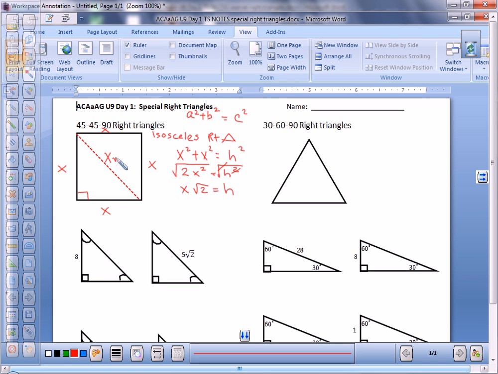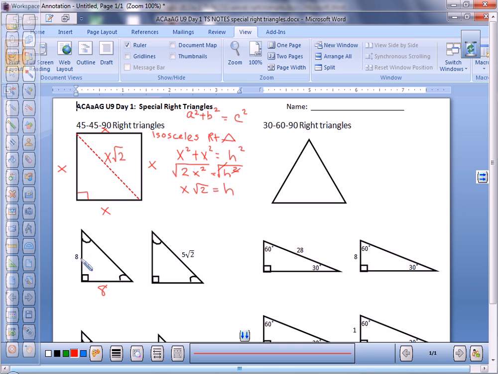So, this is what we can use for any isosceles right triangle or 45, 45, 90 right triangle. Whatever one of the legs of the right triangle is, the other one is also. And this shortcut, instead of having to go back to the Pythagorean theorem, tells us that the length of the hypotenuse is always going to be the length of the leg times the square root of 2.